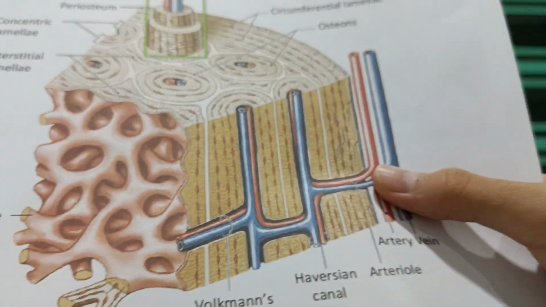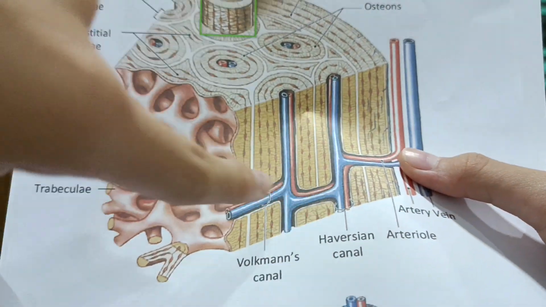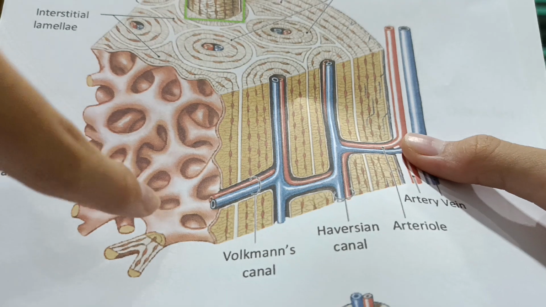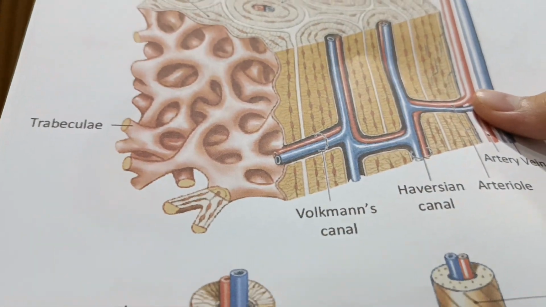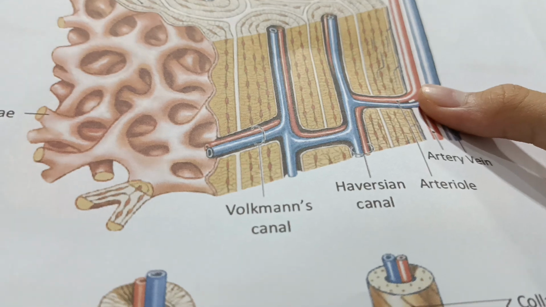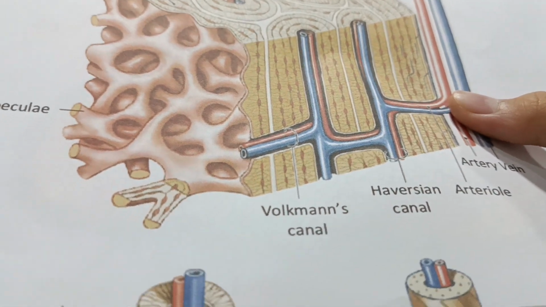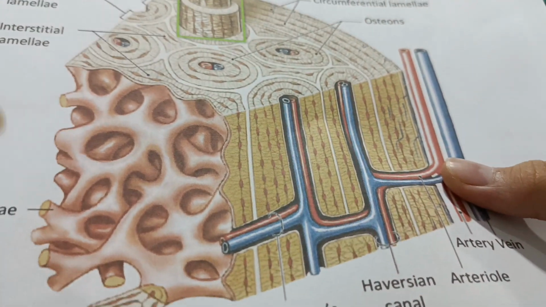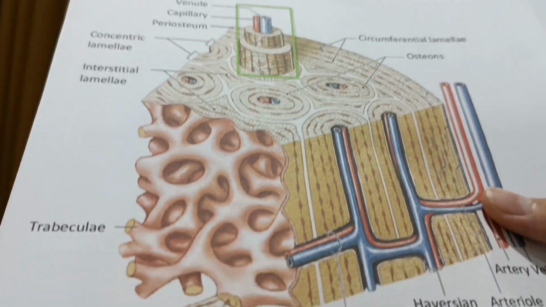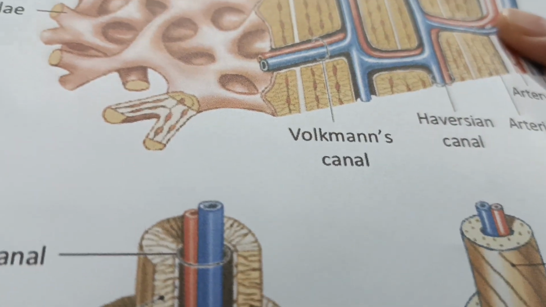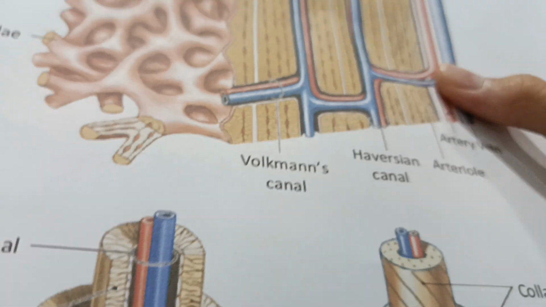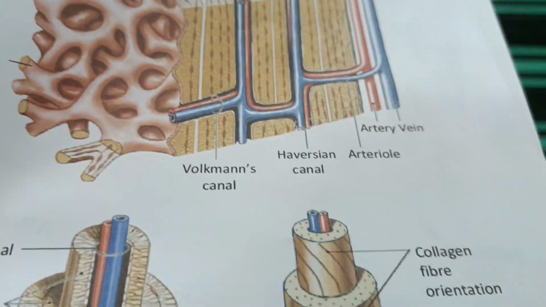So the Haversian canal is this part, and this is the Volkmann's canal. That is a Haversian canal.